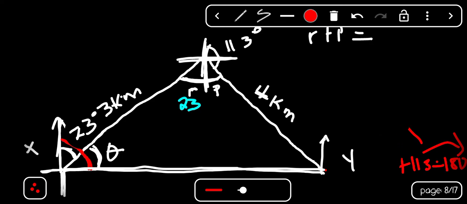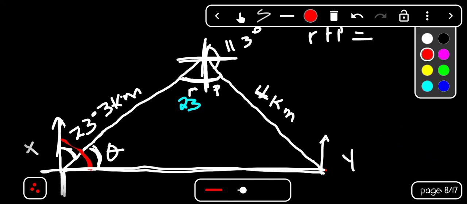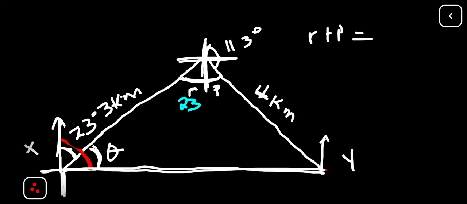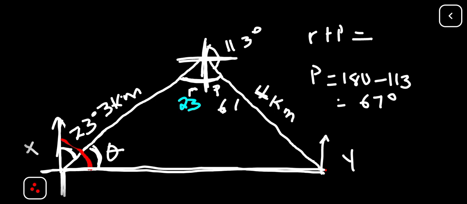So that means P is equal to 180 minus 113, which is 67 degrees. We know that P is 67, and we know that R is 23 degrees.